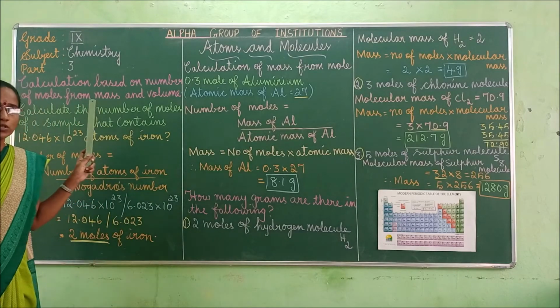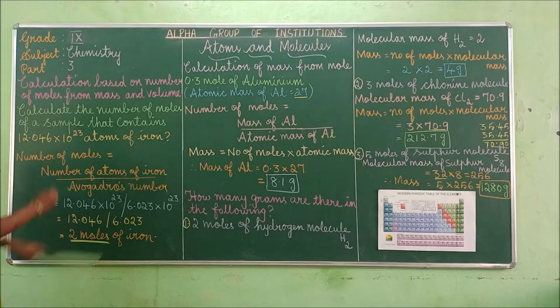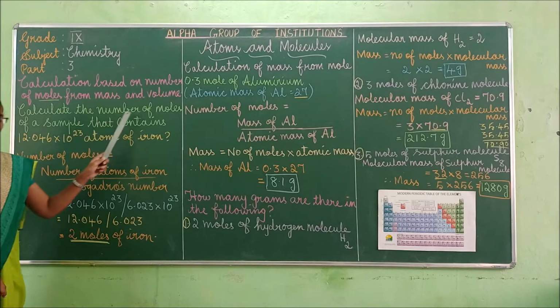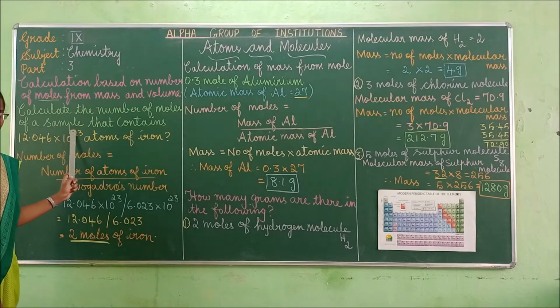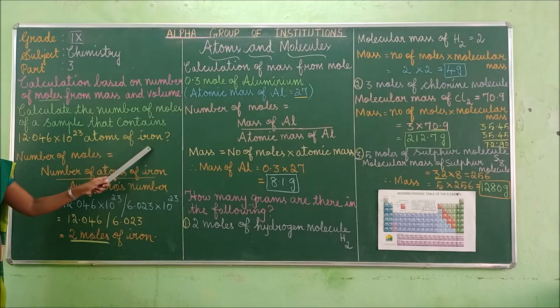Next we can move to calculation based on number of moles from mass and volume. So calculation based on number of moles. Calculate the number of moles of a sample that contains 12.046 into 10 to the power 23 atoms of iron.